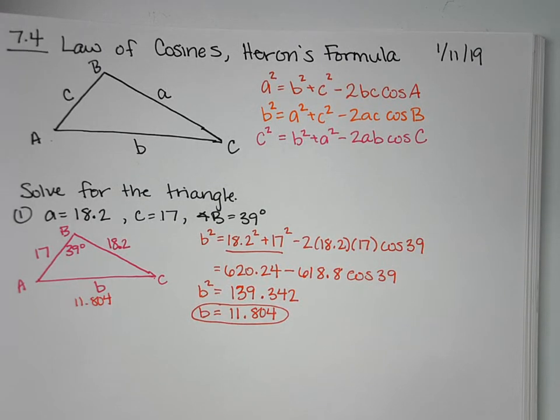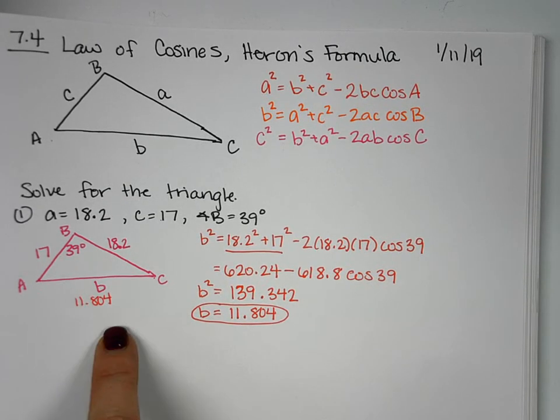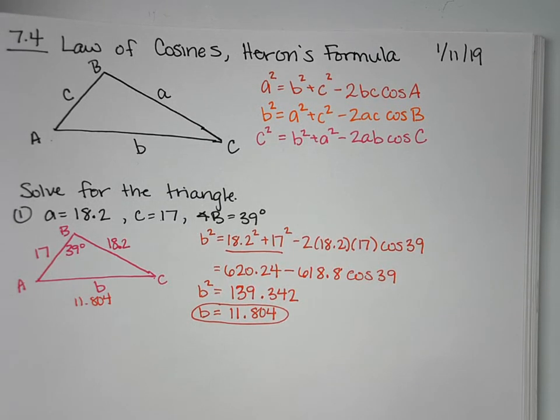Once you have this third side across from the angle, you can use law of sines. You can mix up using your laws because they all give us the same information. Because we're practicing law of cosines, I'm going to use law of cosines, but if you wanted to use law of sines, you technically could.